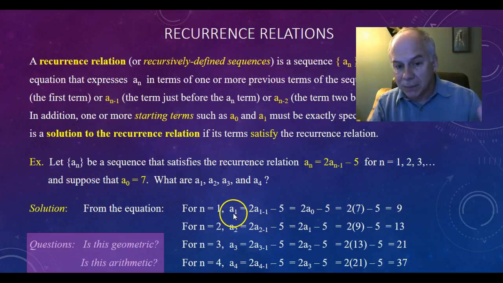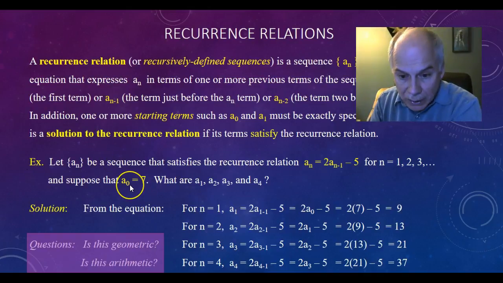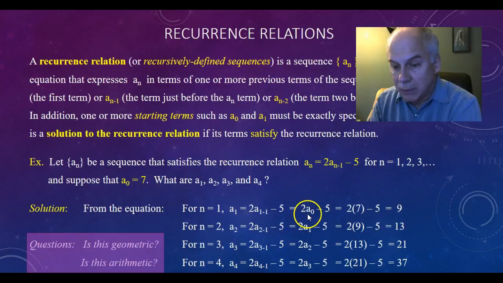Well, a sub 0 is the previous term. Looking at the first term, the previous term would be a sub 0. And a sub 0, we know it's 7. So I plug in that. So 2 times 7 minus 5, 14 minus 5 gives you 9.